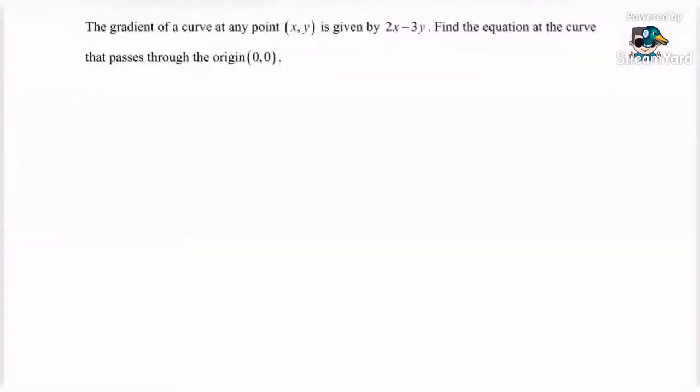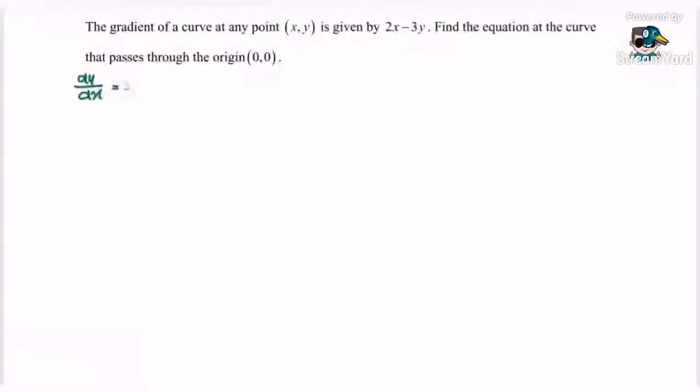Okay. So, mohonnya rujuk kepada soalan ini. Cara bertanya dia. Okay. Konsep sama, tapi cara bertanya soalan tu dia akan berubah sedikit. The gradient of the curve at the point xy is given by 2x minus 3y. So meaning that we have dy dx is equals to 2x minus 3y.